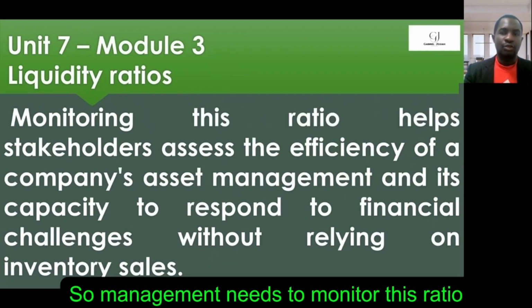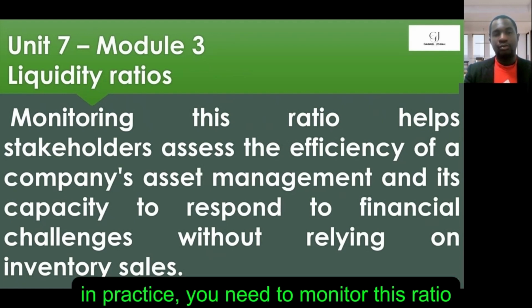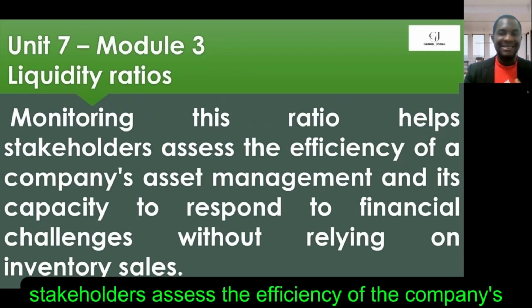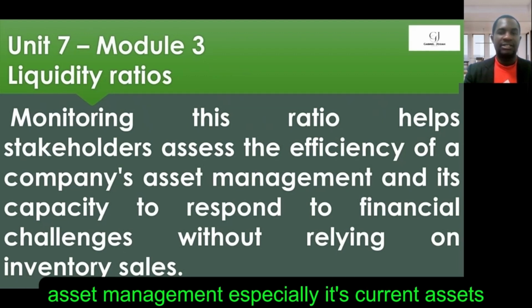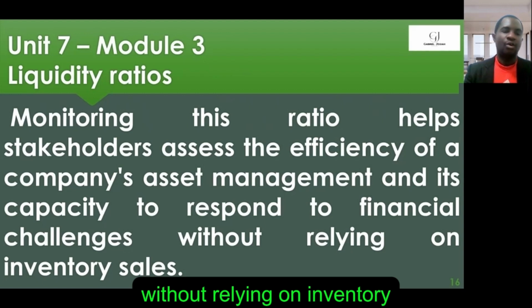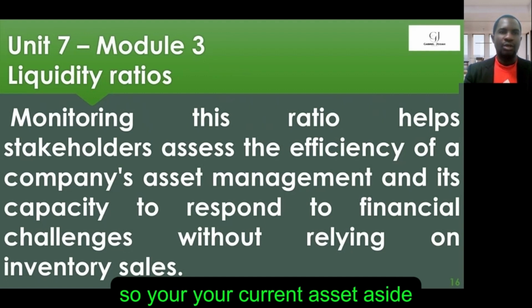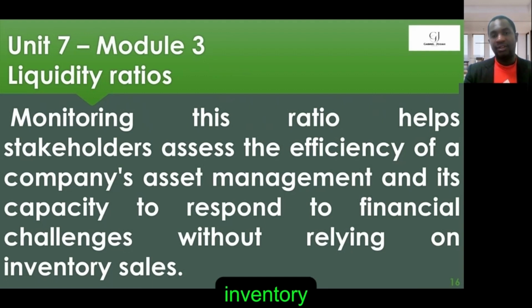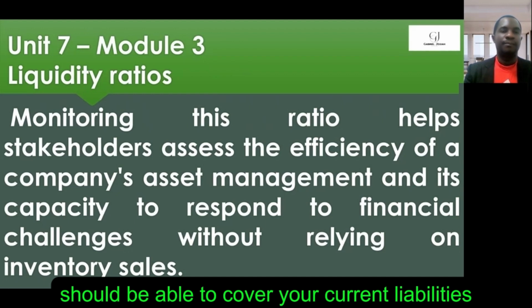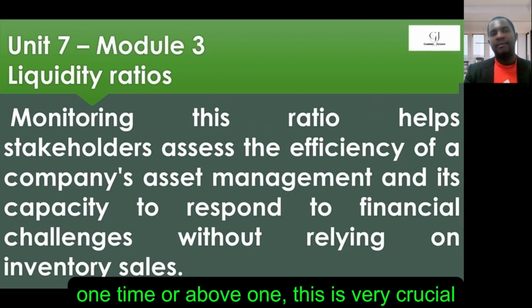So management needs to monitor this ratio, and as chartered accountants in practice, you need to monitor this ratio because it helps stakeholders assess the efficiency of the company's asset management, especially its current assets and its capacity to respond to financial challenges without relying on inventory sales. This is very important. So your current asset aside from inventory should be able to cover your current liabilities one time or above one. This is very crucial.